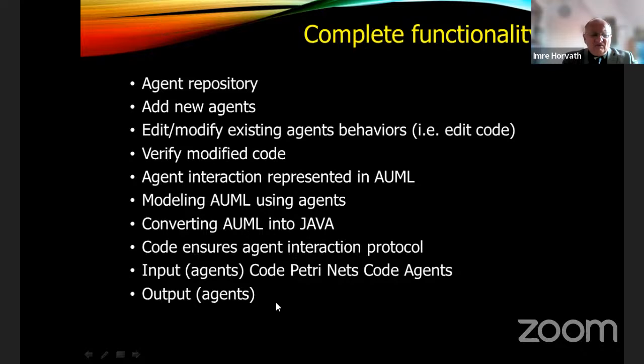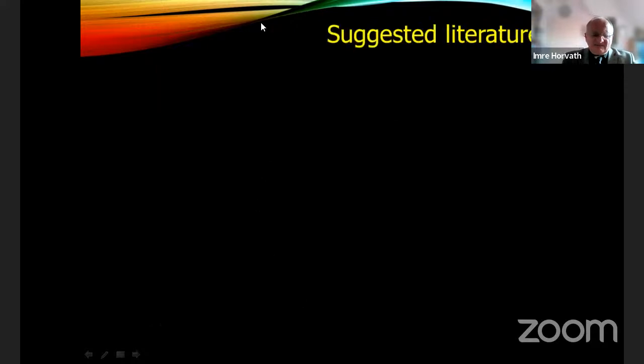And the outputs are also the agent specifications, and there is support for Java. This is the overview. This is what I could squeeze into the second block.